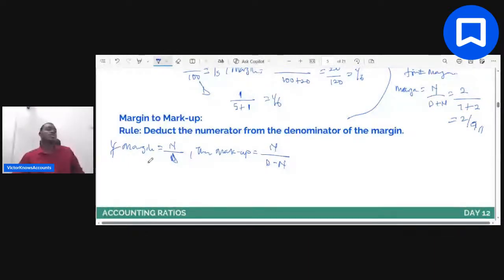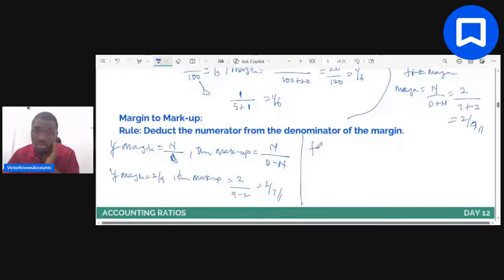Do you understand that? So if margin equals 2 over 9, then markup equals 2 over 9 minus 2. It's as simple as that.